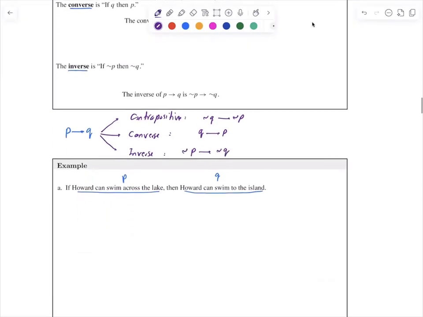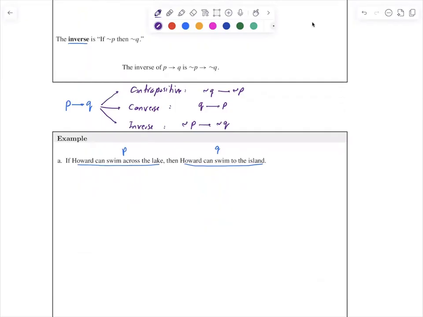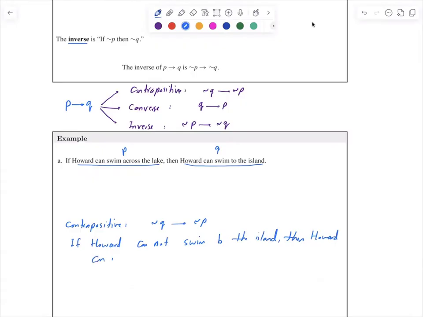So for the contrapositive, which we know is not Q, then not P, it means that if Howard cannot swim to the island, then Howard cannot swim across the lake.